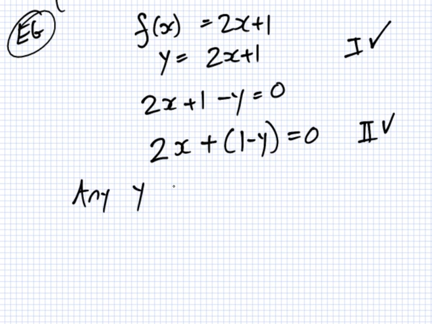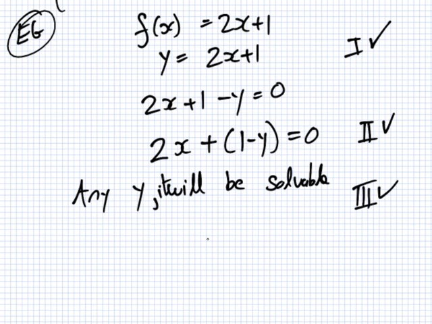Any y will be solvable. If y was 1, 2, 3, it doesn't matter. This equation can always be solved. So this is a little bit of a silly example because it didn't really do anything. So we'll do one now that's a bit more realistic.